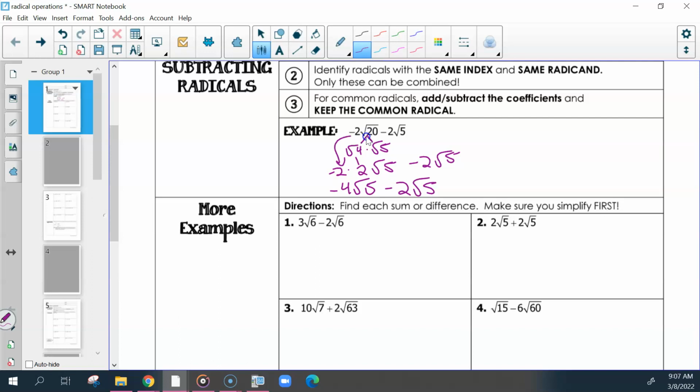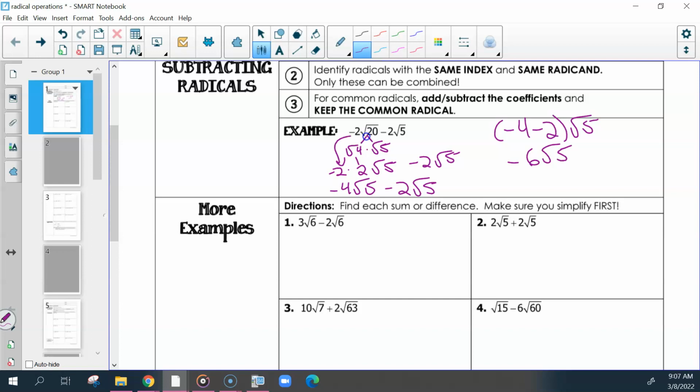Now do they have the same radicand? Yes. So now we can subtract them together. So we're taking negative 4 minus 2 and multiplying it to the square root of 5. What would our final answer be? Negative 6 times the square root of 5.